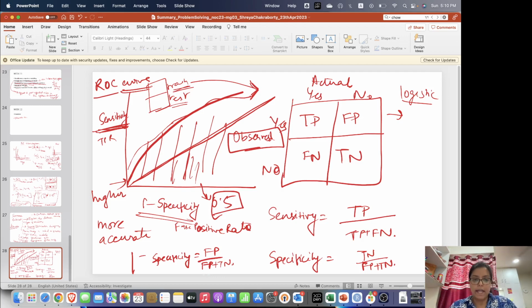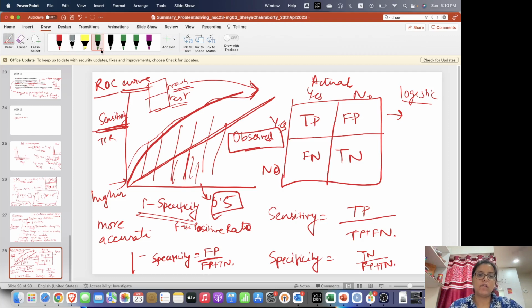Ideally we would want a curve to be like this, so that the sensitivity is high, the true positive rate is high, and the false positive rate is low. So this would be a better classifier. If I have a line like this, then I would prefer that model.